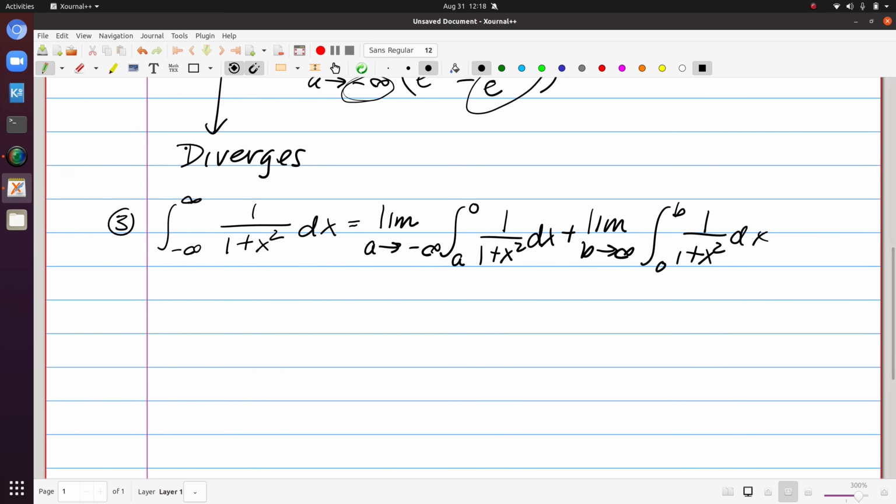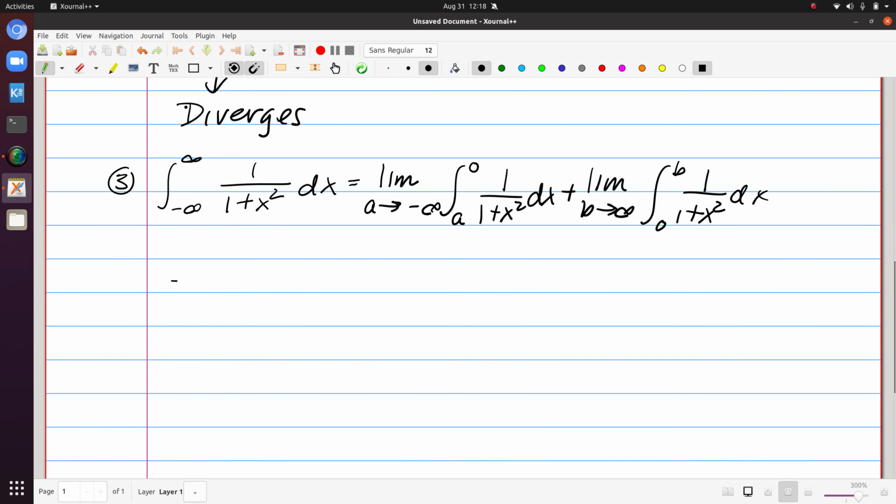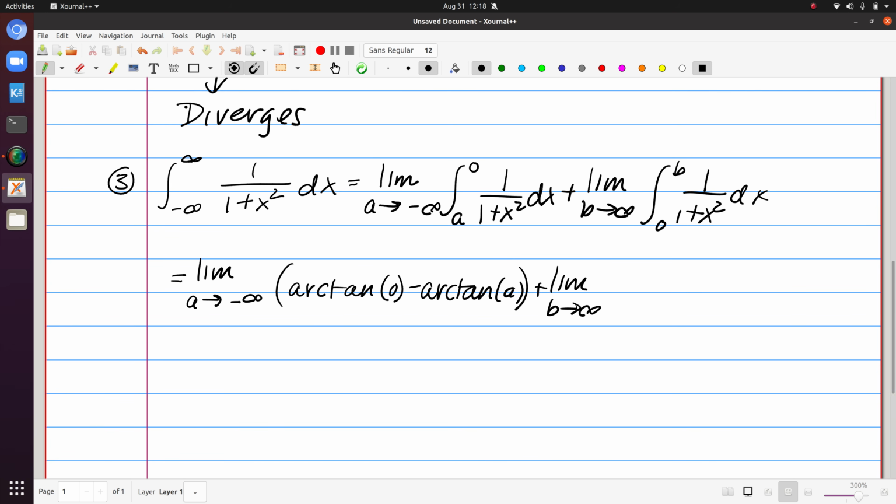The antiderivative here is the arctangent. So we are finding the limit as a approaches minus infinity of the arctangent of 0 minus the arctangent of a. And then we're adding to that the limit as b approaches positive infinity of arctangent of b minus arctangent of 0.